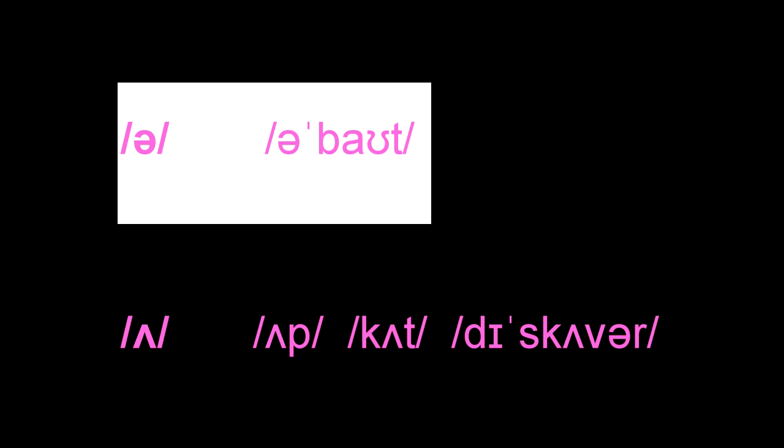In this word, the stressed syllable is bout. Therefore, we will use the schwa. Now, if you have a word as up, or cut, or discover, you will need to pronounce it with more preeminence. Therefore, you will use this symbol.